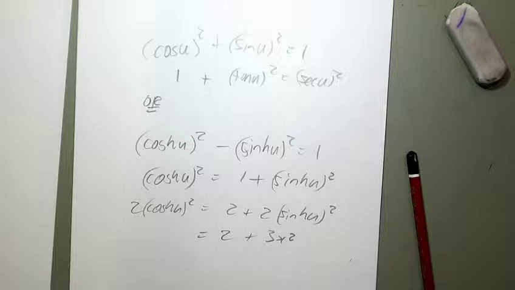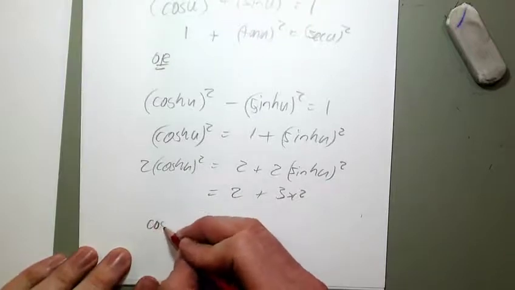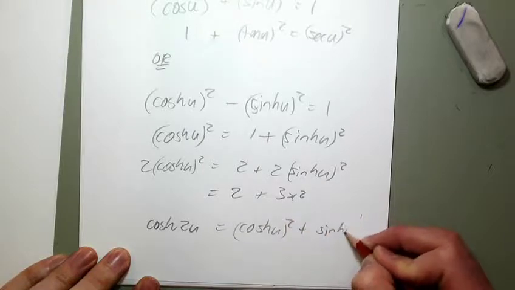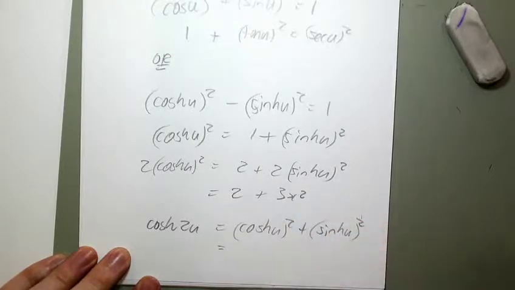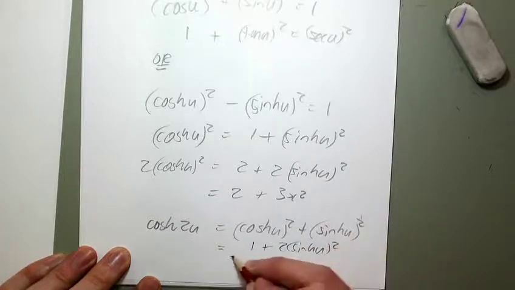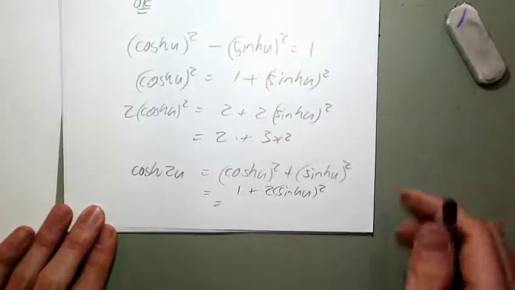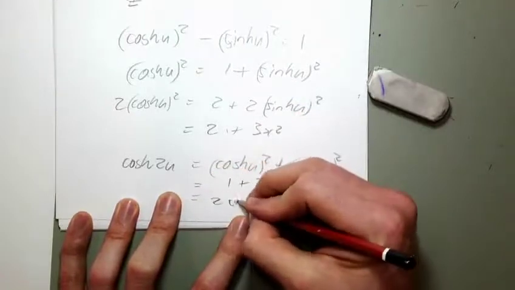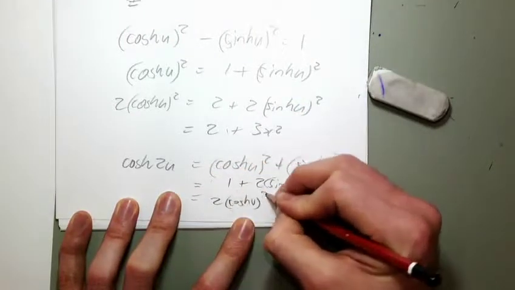The problem with hyperbolic trig is that you have to know all of your matching hyperbolic trig identities later. So you're going to eventually have to use the fact that cosh 2u is cosh u squared plus sine u squared, which is 1 plus 2 sine u squared, and two cosh u squared minus 1.